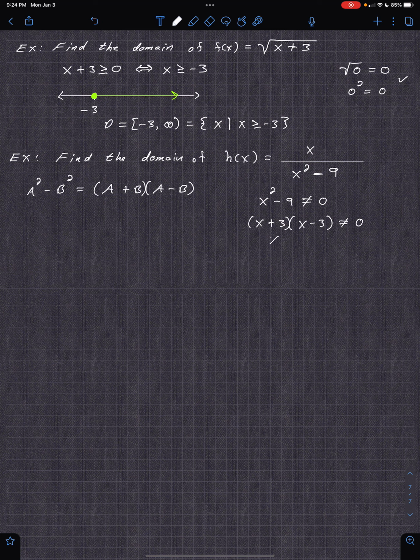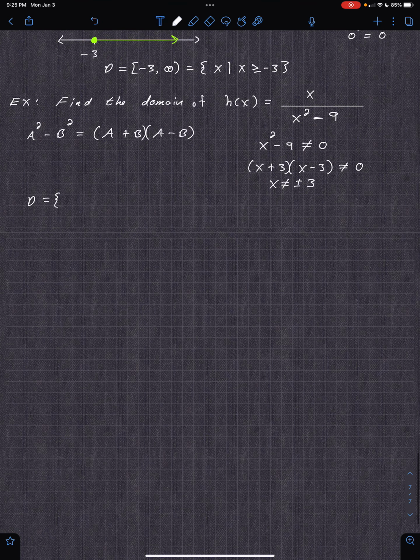So in other words, x cannot be plus or minus 3. So it's all real numbers except plus and minus 3. So the domain, again, a couple ways of writing it. Try it. Pause and try this. You can say it in set builder: x such that x does not equal plus or minus 3.